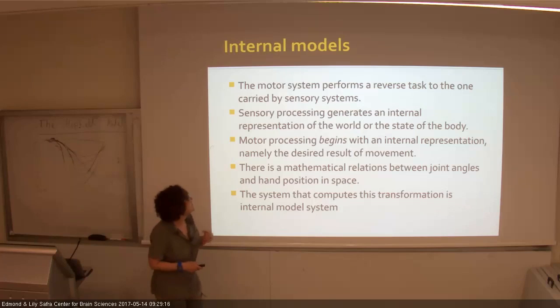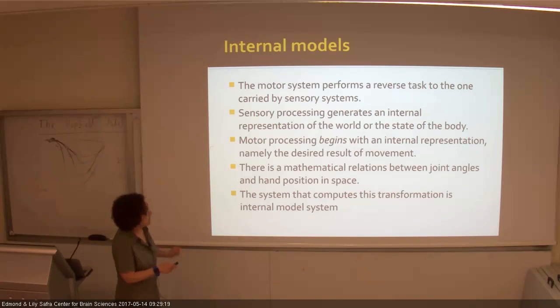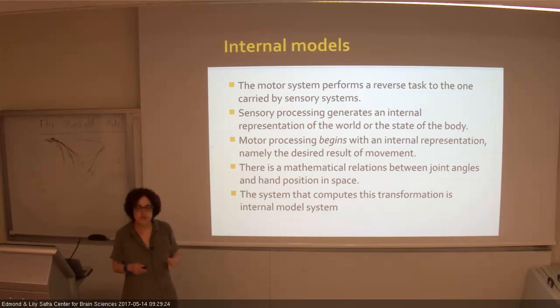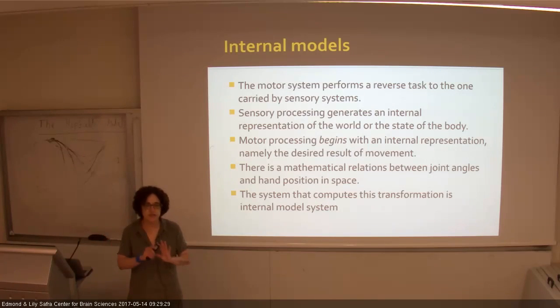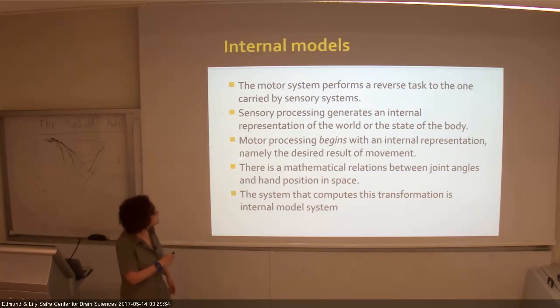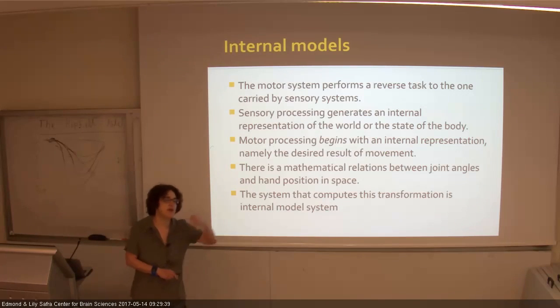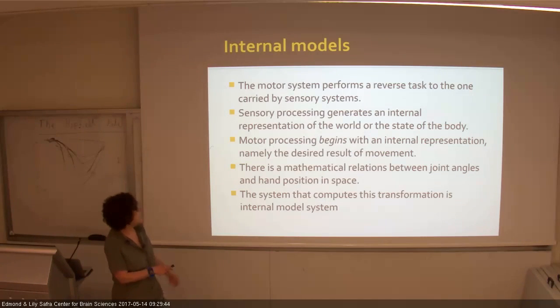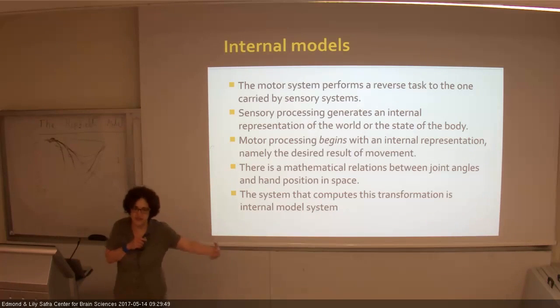The motor system, as I said before, performs a task that is inverse to what the sensory system is doing, right? The sensory system generates a representation of the world. The motor system, motor processing, starts with an internal representation, which is basically what I want to obtain, my goal, and using that generates the motor command that will produce the movement.